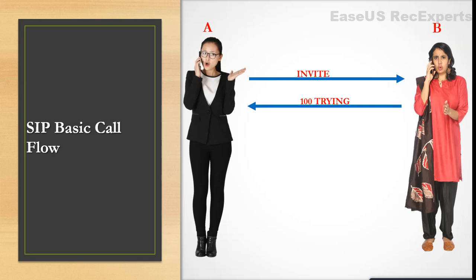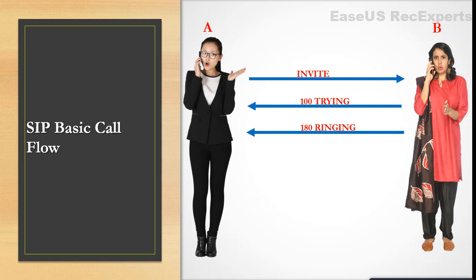After this, user B sends another message which is 180 Ringing. So 180 Ringing means that the called party, which in our case is user B, is indicating to the calling party that I am ringing.